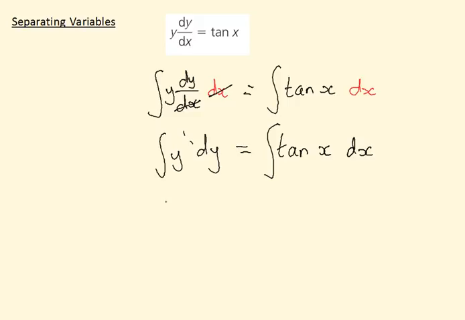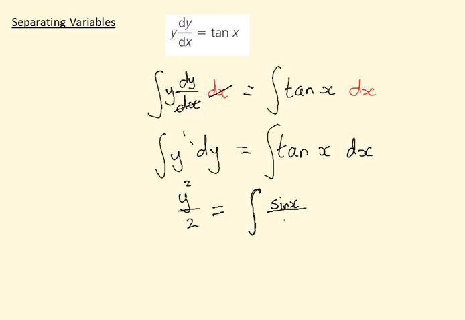Well, the integral of y is obviously y squared over 2. And to think about the integral of tan x, unless you know the standard term, you probably want to be thinking about it being the integral of sine x over cos x. And what you should spot at this point is that this integral takes the form of f dash x over f of x.